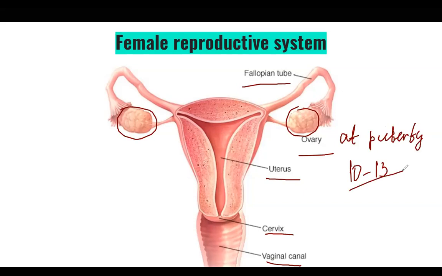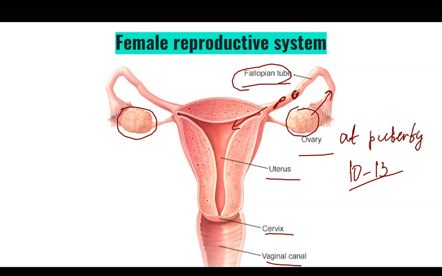The next part is the fallopian tube. The fallopian tube collects the egg from the ovary and carries it to the uterus. If sperm are present in the fallopian tube, one of them may join or fuse with the egg cell.